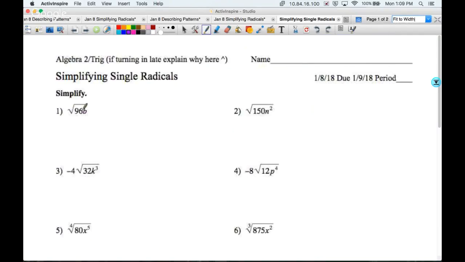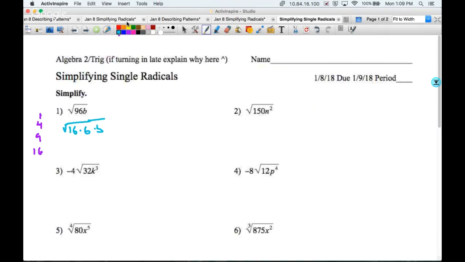Number 1, I'm taking a square root of 96b. Now I look into my column of squared numbers, 1, 4, 9, 16. The biggest number that'll fit into 96 evenly is 16. So I'm going to rewrite this as 16 times 6 times b.